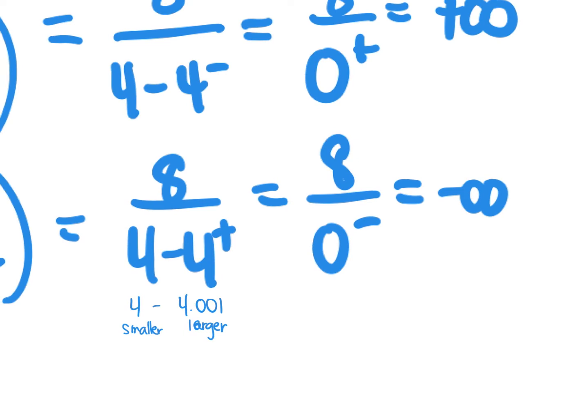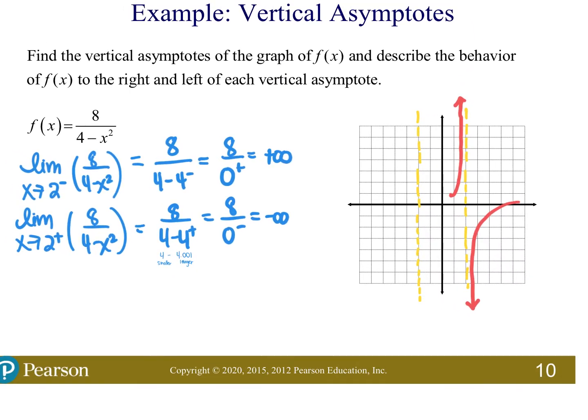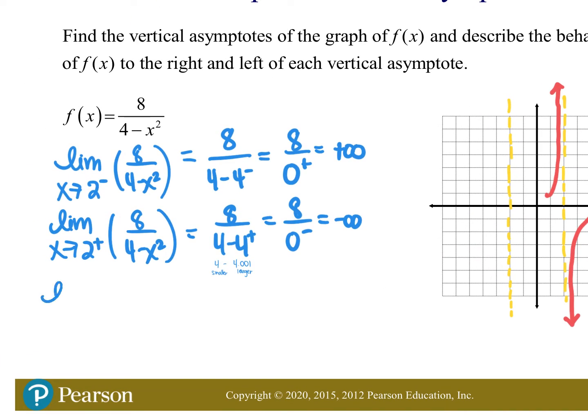Okay. All right, and then we do the same thing on the other side of the asymptote. I can't erase that, I don't know why. Now let's look at what negative 2 minus does and where that ends me up. Just to speed things up a little bit, the limit as x goes to negative 2 minus of 8 over 4 minus x squared is going to give me 8 over 4 minus 4 plus, which again is going to be negative infinity.